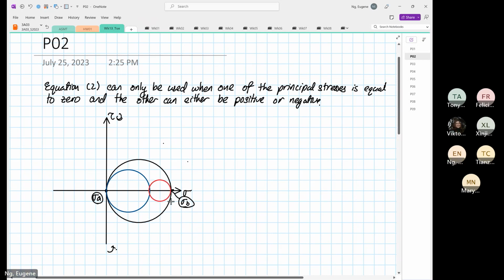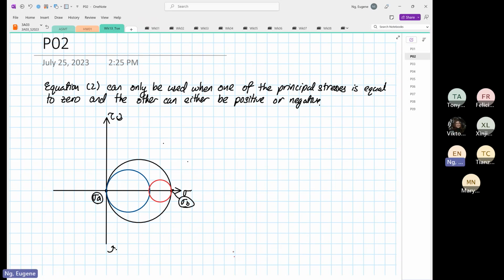So stress A is your minimum stress, which is equal to 0. Stress B is your maximum stress, and the other 2 circles are within the bigger circle. So you have to check whether it is the smaller circle or the bigger circle that you have.